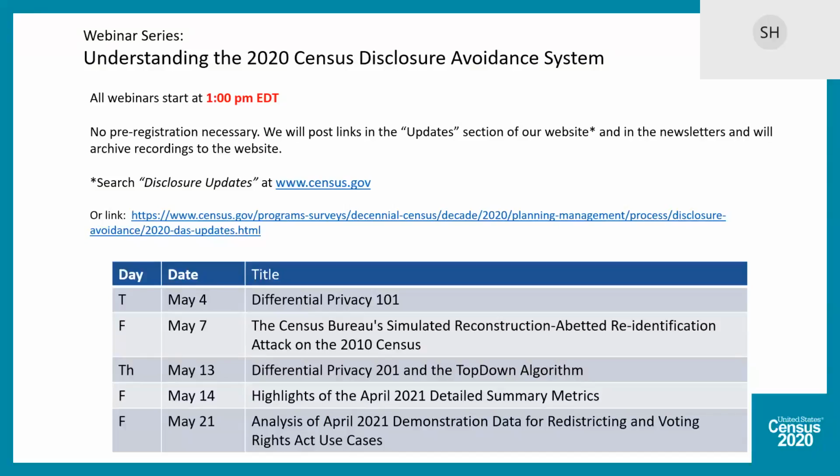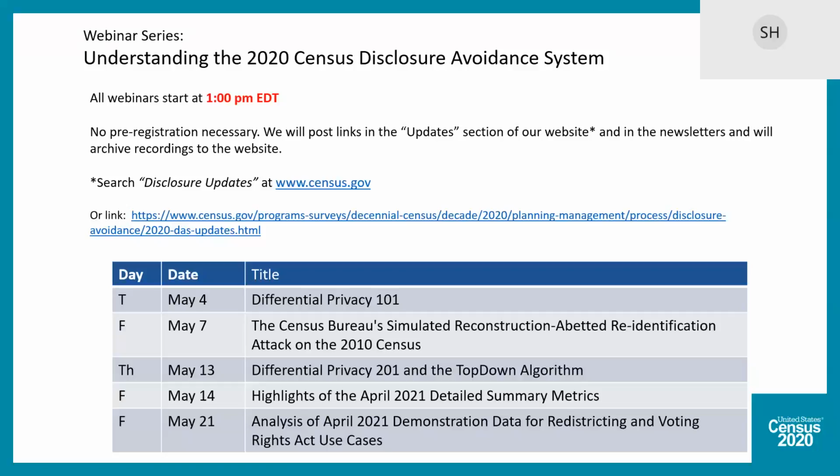With those statutory use cases at the forefront, we conferred with attorneys at the Department of Justice's Voting Rights Section and with redistrictors and civil rights groups and others on what their concerns were regarding accuracy for this data product. Based on the feedback that we got from those data users, we established a standard that we would use for the experimental tunings that we were doing for this demonstration data release.